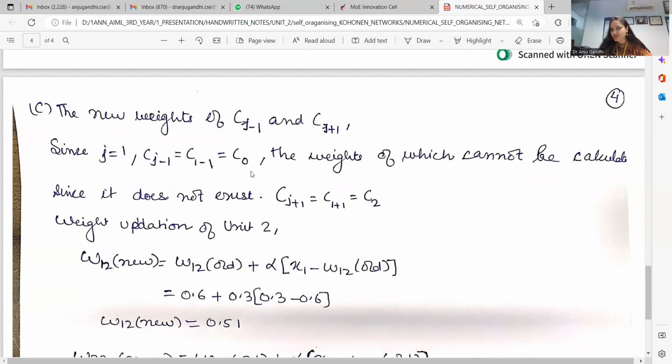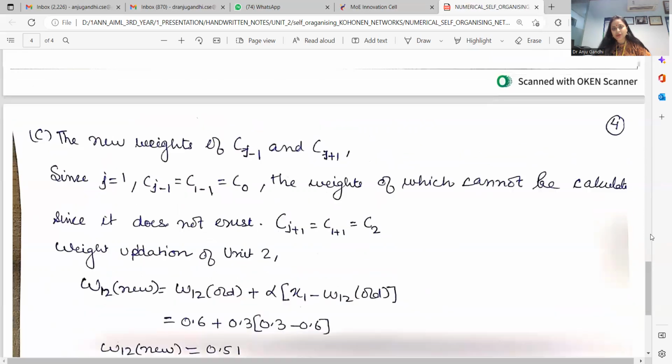We don't have C0 in our network, so we cannot update the weight for C0. But we have Cj plus 1 also, and if J is equal to 1, it means we have to update the weights for C2, right? So for C2, we are going to apply the same formula for updating the weights.